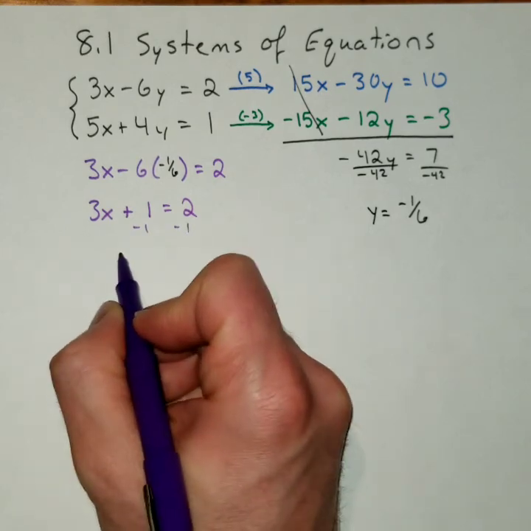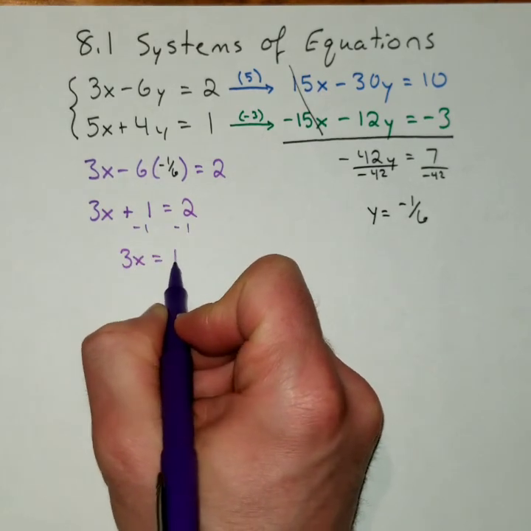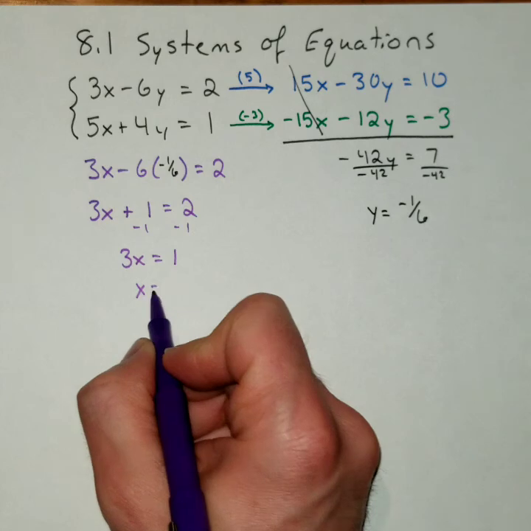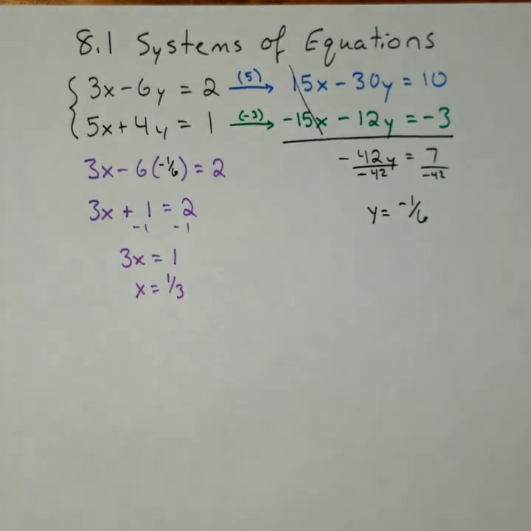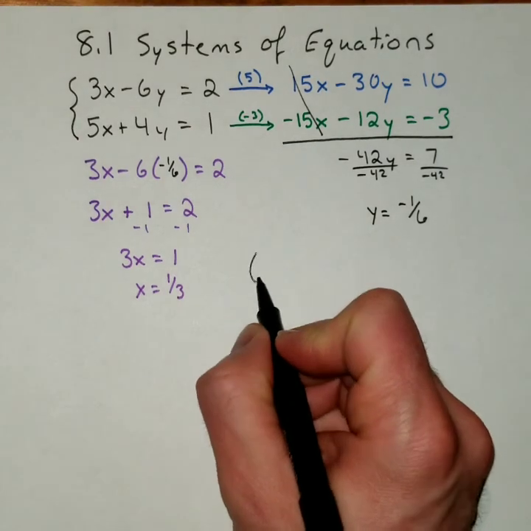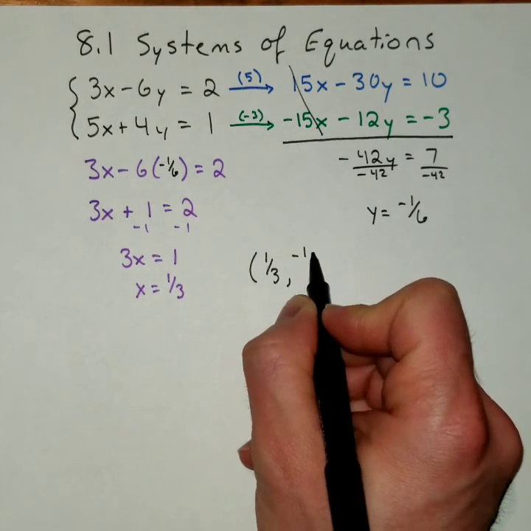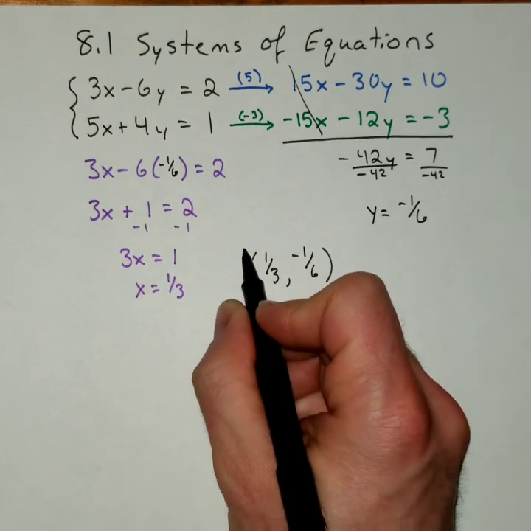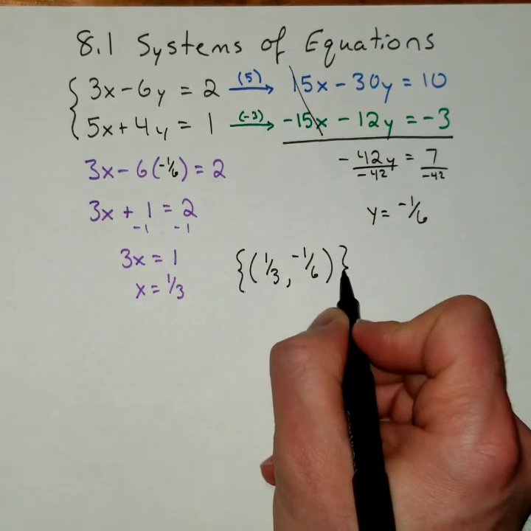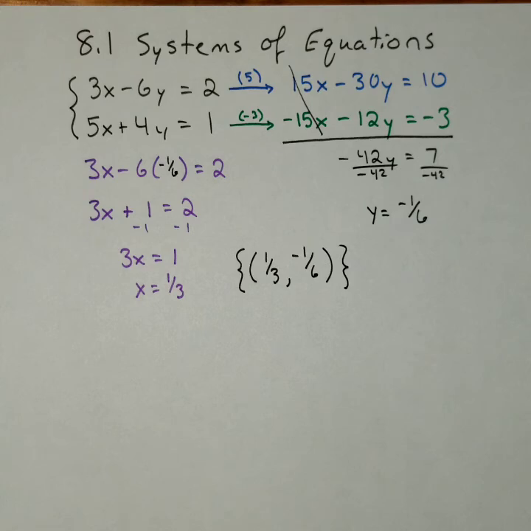Subtract the 1, 3x equals 1, divide by 3, and you get 1/3. So again, final answer is going to be the combination of those two numbers in an ordered pair, also contained in a solution set.